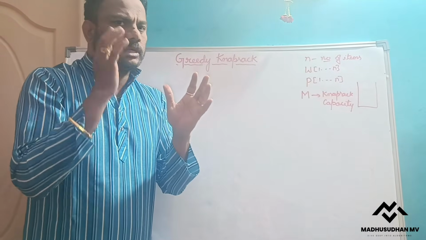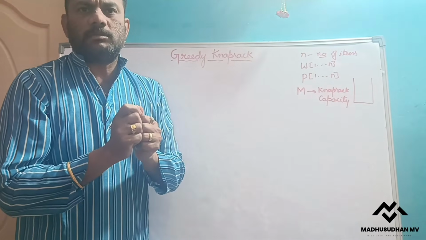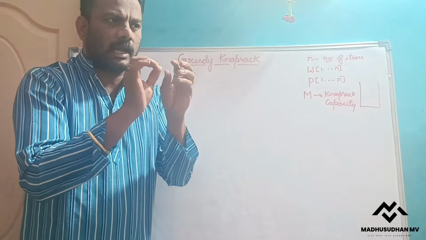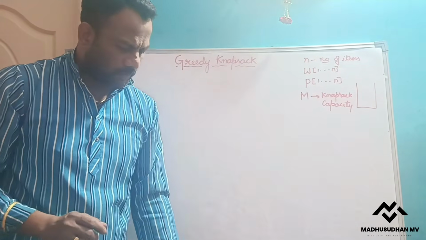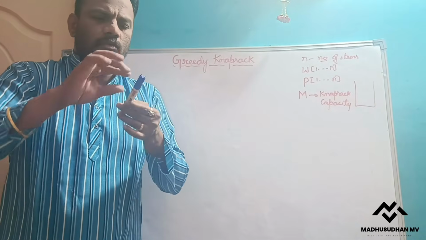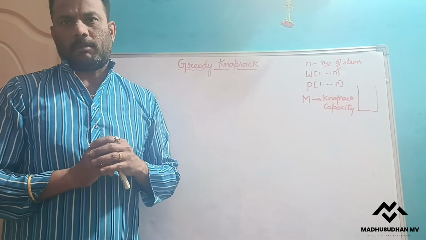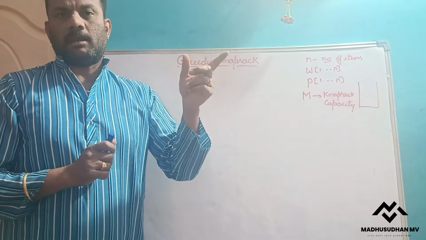It is not possible to take half of the item, or 30% or 75% of the object. If I want to take a marker, I will take it completely. I cannot take only 30%. That is not possible in the case of dynamic programming.